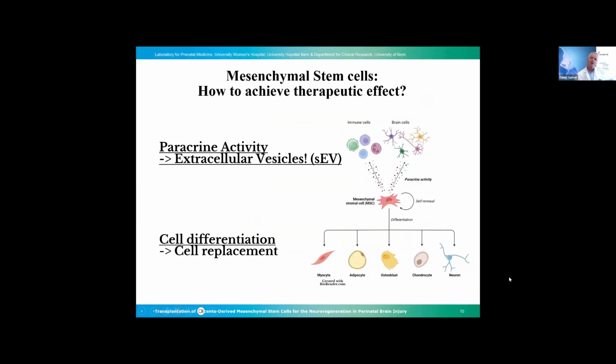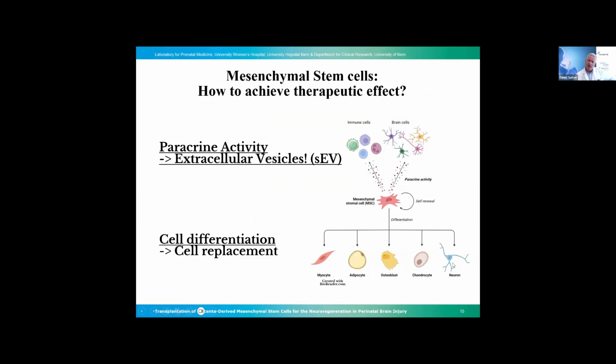So actually there are two lines of potential effectiveness of transplanted mesenchymal stem cells in the preterm brain. The first part is cell differentiation, leading to a neurogenic lineage, which has been proved in vitro, but also in vivo, with a cell replacement.